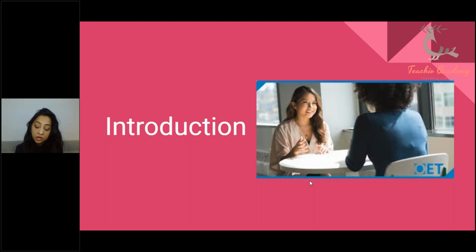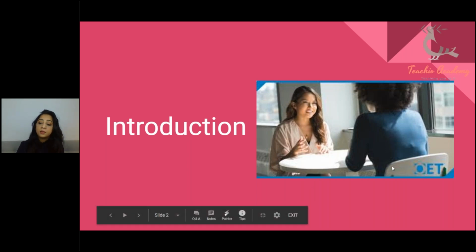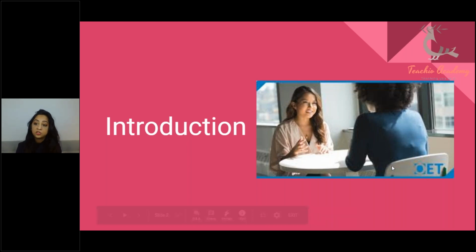Now, the interlocutor may not look like that patient. It might be someone who's very unwell, someone who might be quite old in your scenario, or they might be someone who is not even the patient, but the patient's relative. So the interlocutor is quite different from what your scenario is. Introducing yourself and trying to confirm the identity of your interlocutor is necessary to start your OET speaking correctly.